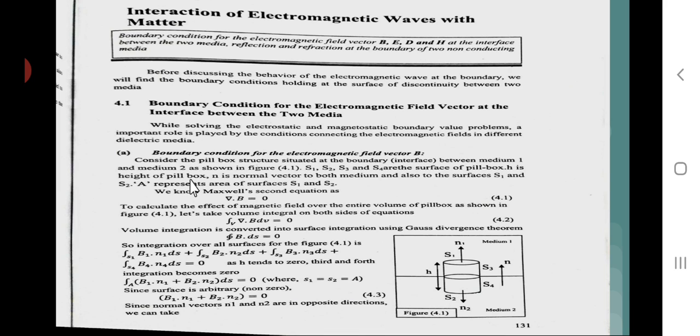Now, boundary conditions for the electromagnetic field vector B. Consider the pillbox structure situated at the boundary interface between medium 1 and medium 2. This is medium 1, this is medium 2, and this is the pillbox.